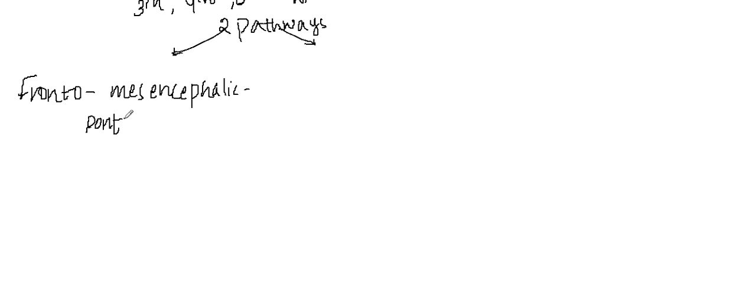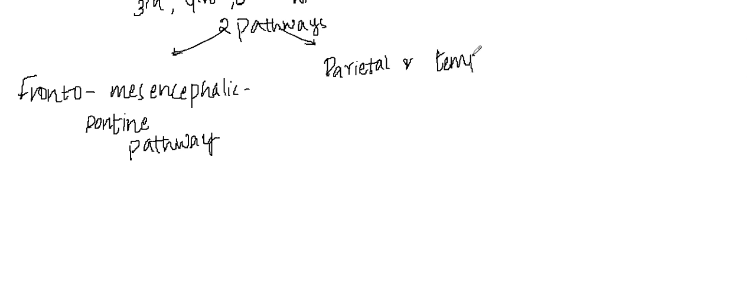The first pathway is called the frontomesencephalic pontine pathway, whereas the second pathway is the parietal and temporomesencephalic pontine pathway.